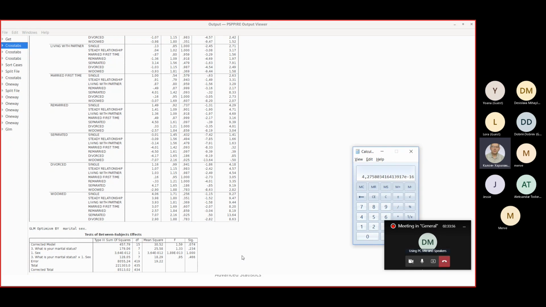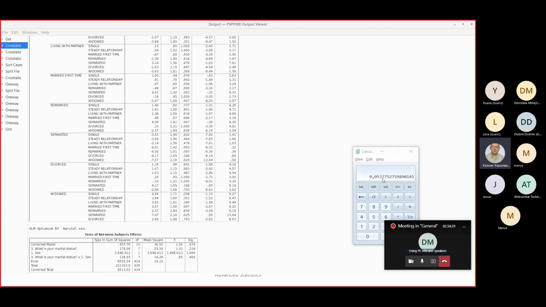And for the multiple eta squared, we divide this one, corrected model, 459.79 divided by, again, corrected total, 8,513.02, and the result is 5.4%.